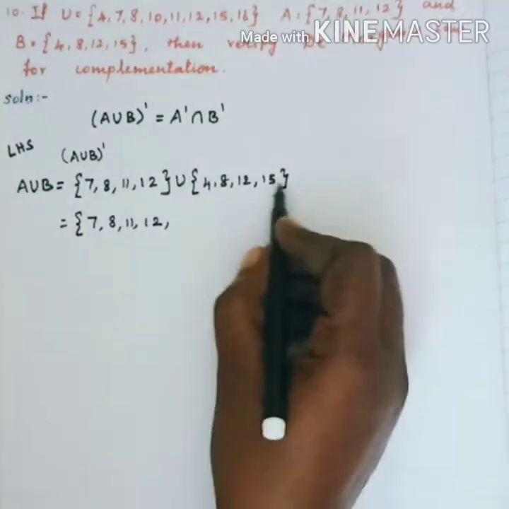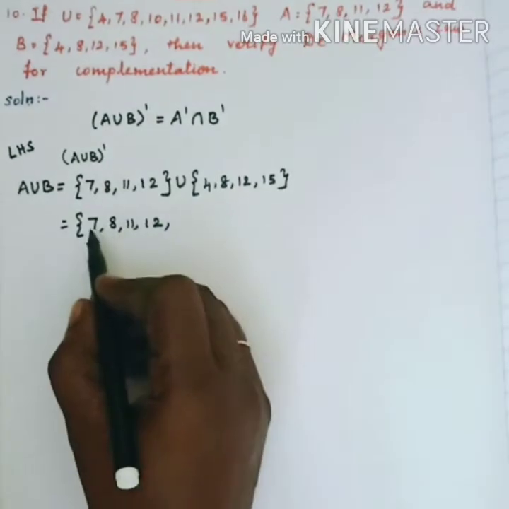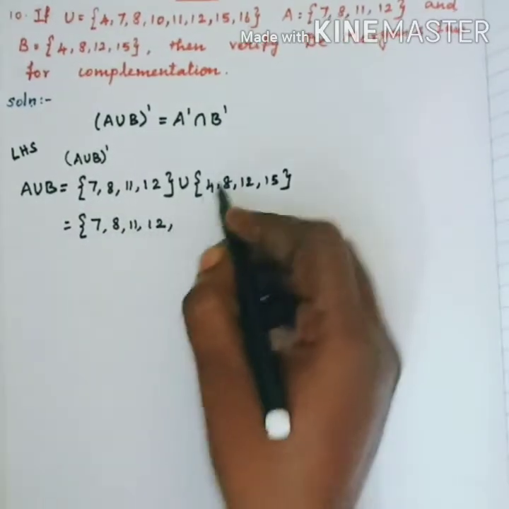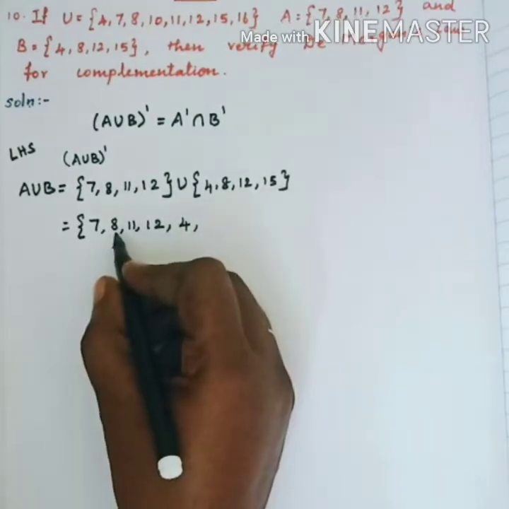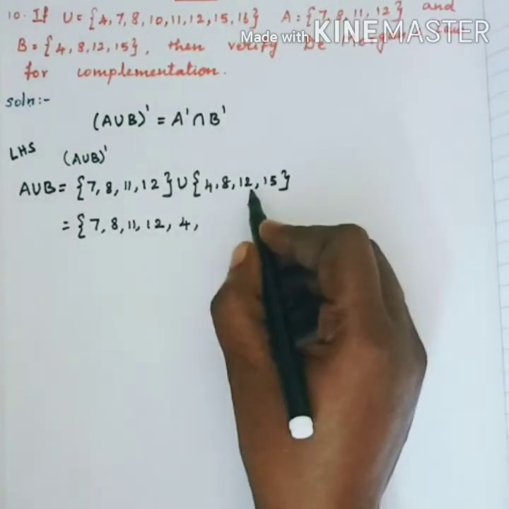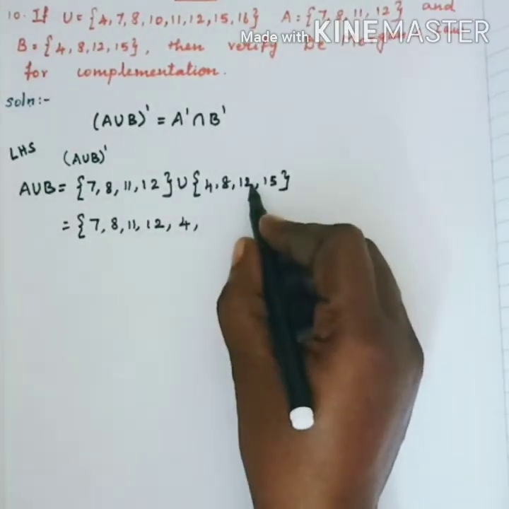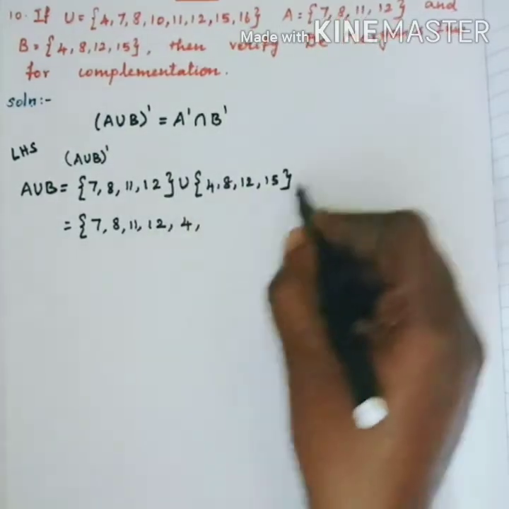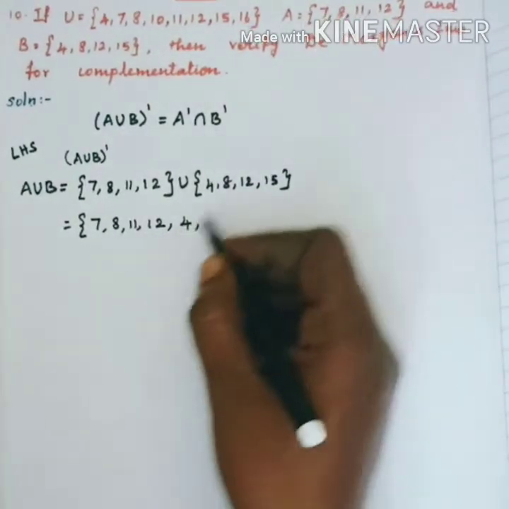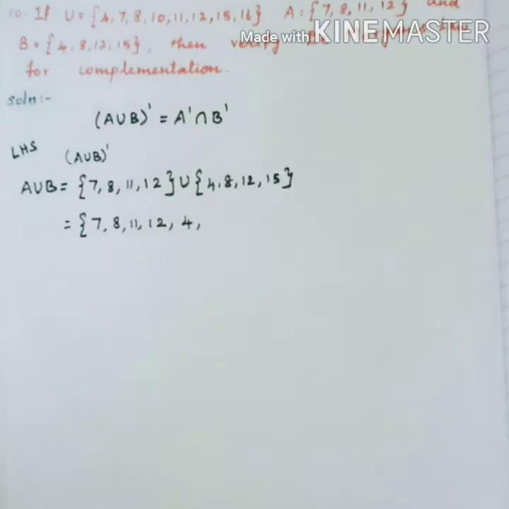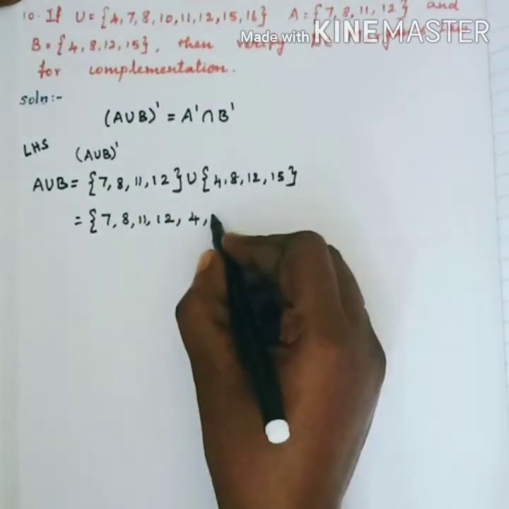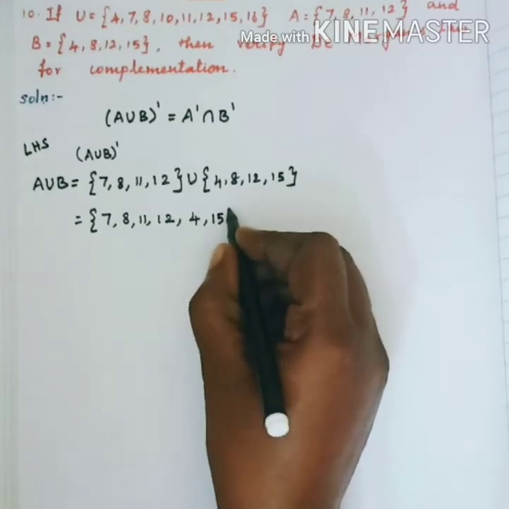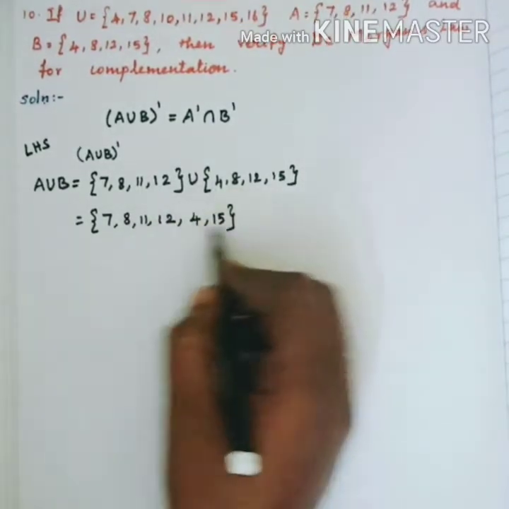And the elements of the second set: 4 we didn't write here, so include 4, and then 8 we already wrote here, so no need to write it again. 12 we already wrote here. 15 we didn't write here, so include 15. So this is your A union B.